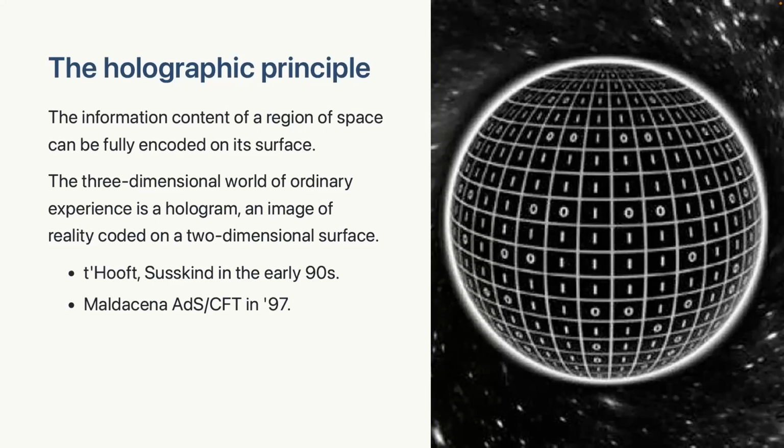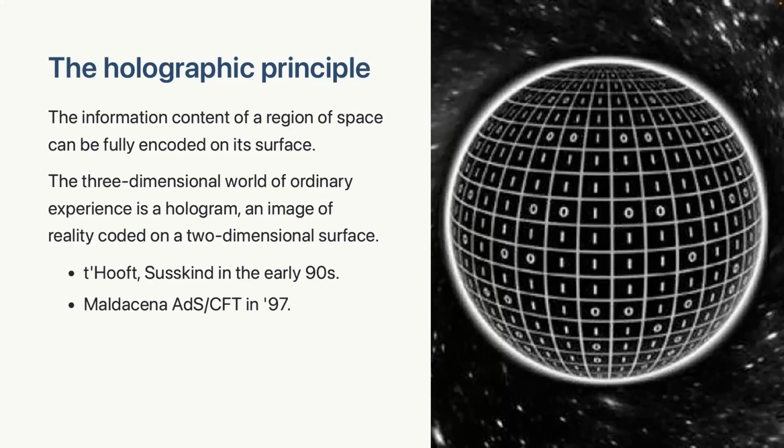Once you put in sufficient information, it will collapse into a black hole, and that will maximize the entropy. So any given region of space is somewhat pixelated on its boundary surface, and each pixel corresponds to a Planck area, and that's the maximum amount of information that you can put in.